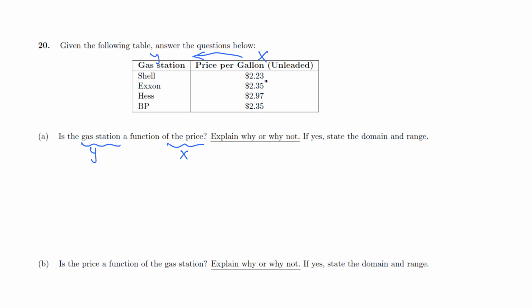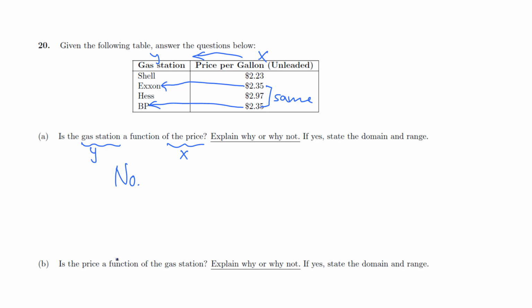For a unique input, we should have only one output. 2.23 is not repeated, but 2.35 goes to two different stations. So for one input we got 2 different outputs. So it's not a function, no.